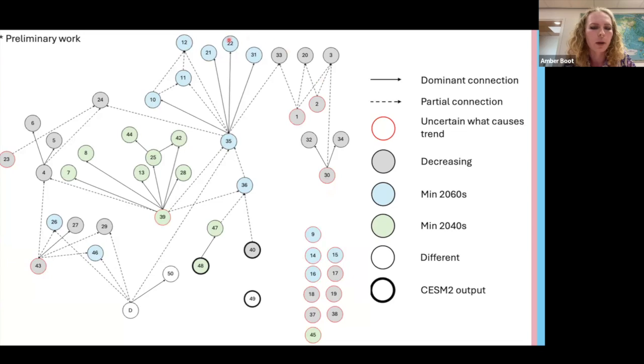And this is, I would say, I'm 90% certain that this is what's actually happening in the model. So not completely yet. Basically what this suggests is that, for example, we see in 48 a minimum in the 2040s, and this causes the same pattern, the same trend we see in 47, right?